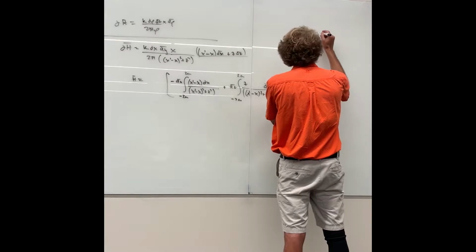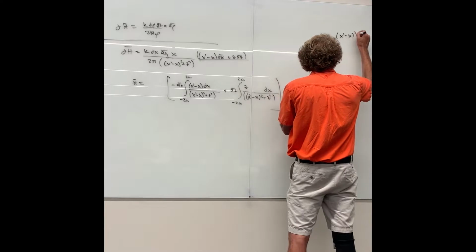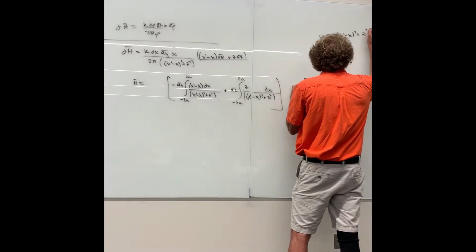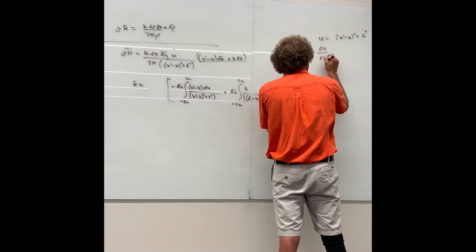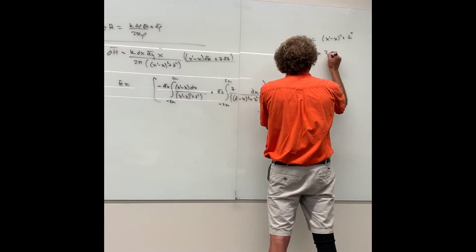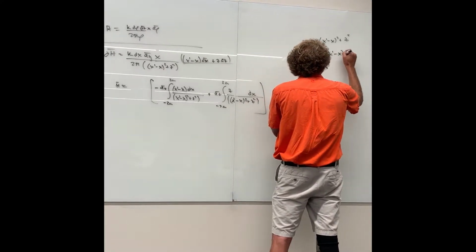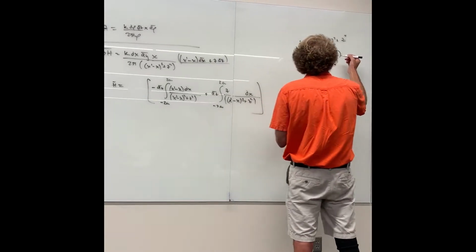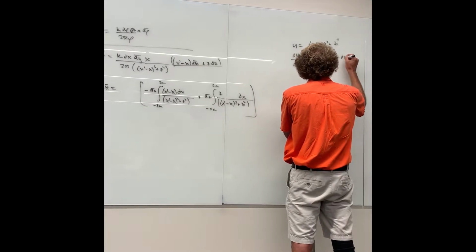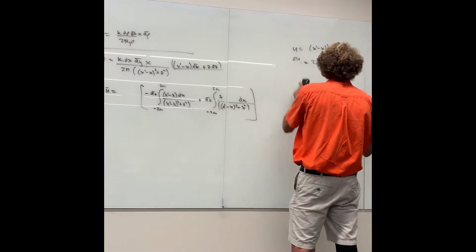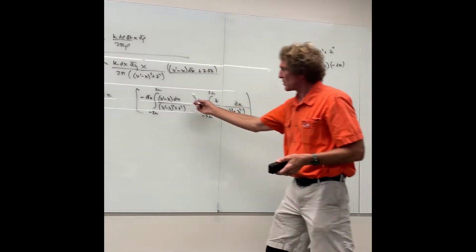If I say u is equal to x prime minus x squared plus z squared, then du dx would be equal to 2 times x prime minus x, and then the derivative of this with respect to x would be minus, just minus dx here. So that would be du, and you can take a look that I could do this for this part of the integral right here.